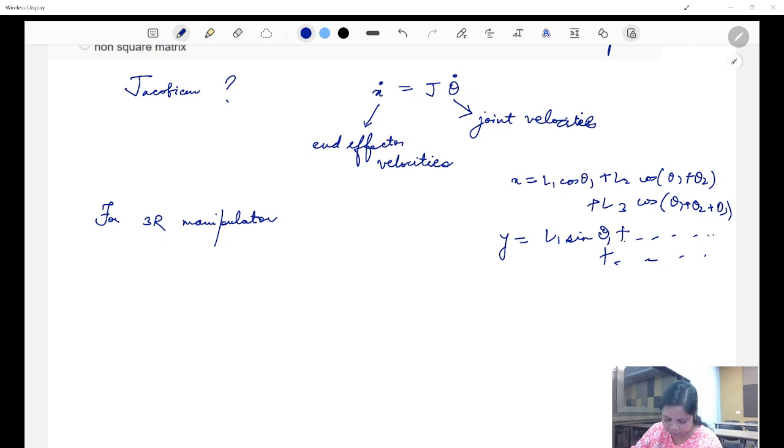Now, for 3R manipulator, we are considering this equation. Then Jacobian becomes what order? Can anyone answer? 2 by 3. Right, 2 by 3.